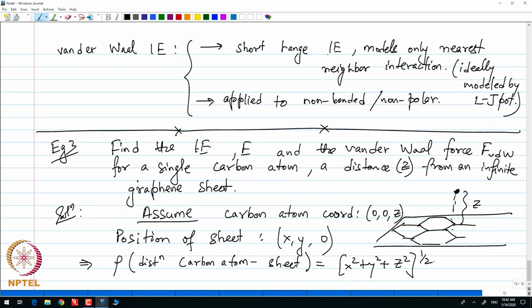Then let me model the van der Waals interaction of this atom with the sheet using our Lennard-Jones potential, or the 6-12 potential.